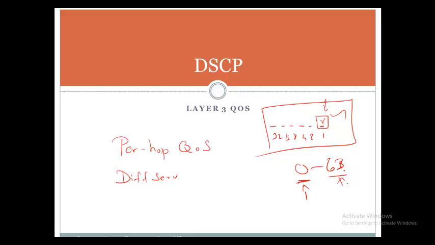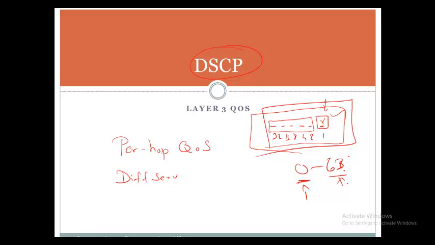But when you see the table of this DSCP, you will find only these 5 bits. You should not get confused. For custom QoS, for having your own marking, you can have all the 6.